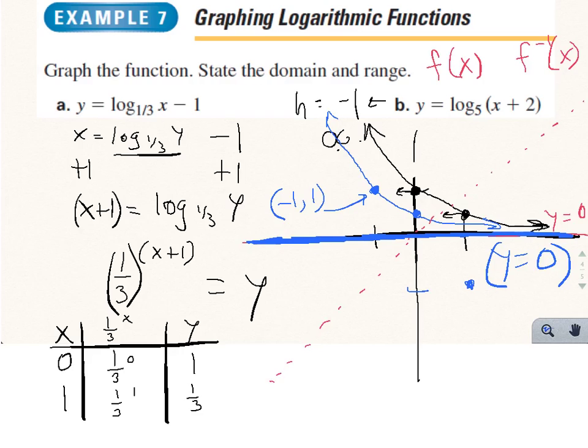And I'm going to erase this equation for our asymptote to clear up some room. Then our other point was at 0, 1/3, in blue, this point. So I've got another point at 1/3, 0, which is going to be right about there.